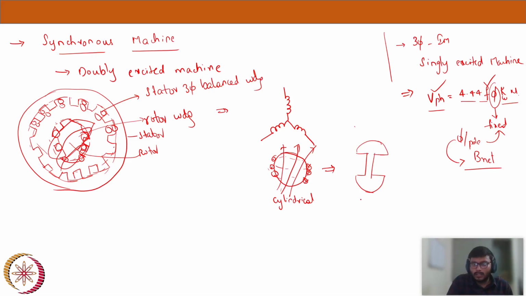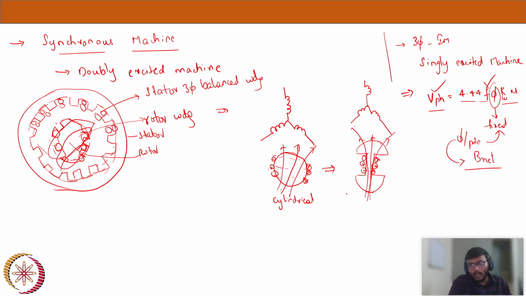The stator will remain the same, of course. Now here also the winding will be like this. If it is a cross here, it's a dot here. Again using the thumb rule, same thing.